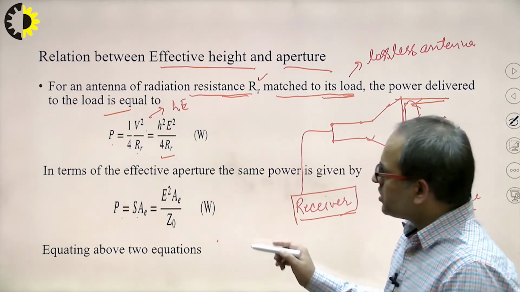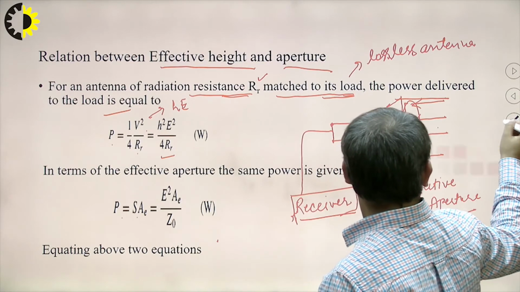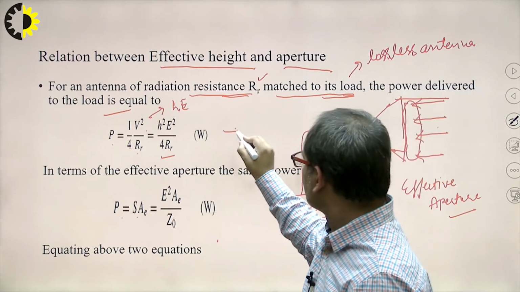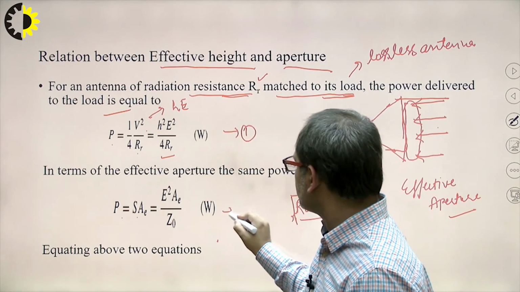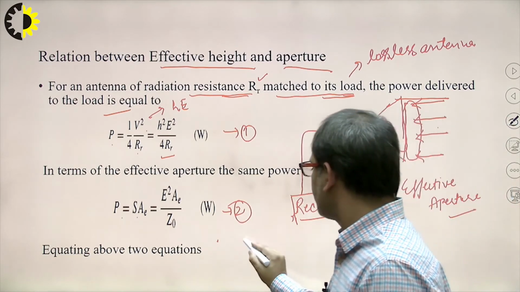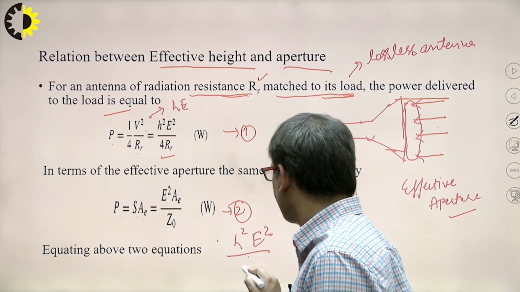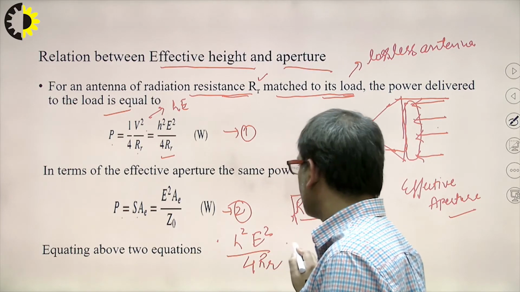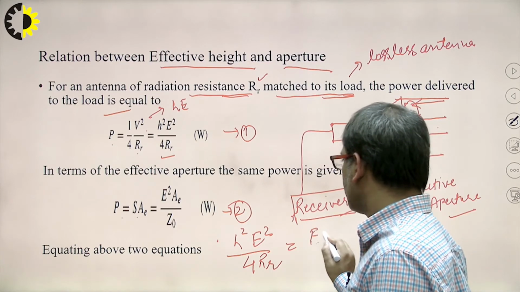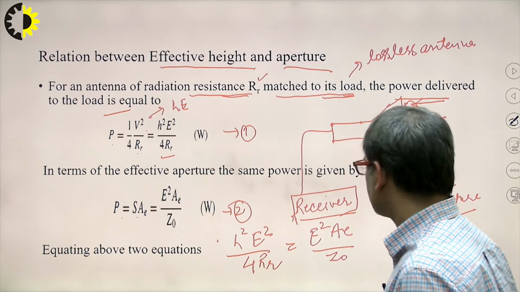Clear? Now just equate these two equations. On equating these two equations, you will get H square E square divided by 4R equal to E square AE divided by Z naught.